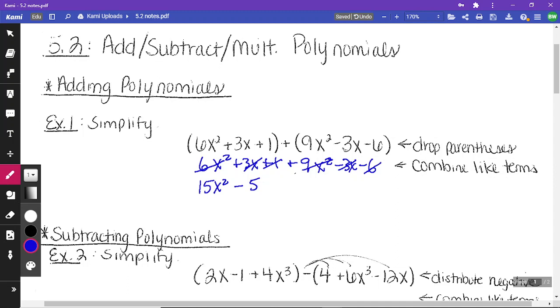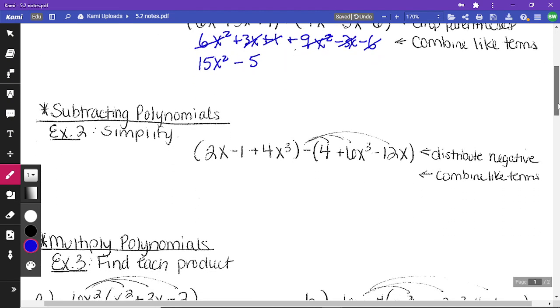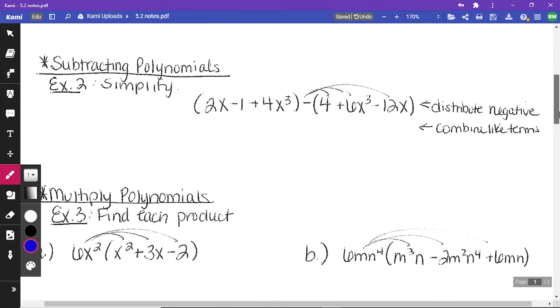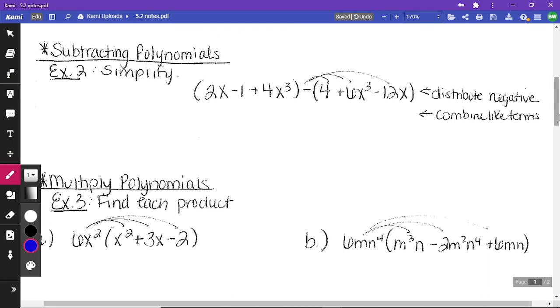So next example is subtracting polynomials. So we have here one polynomial minus another polynomial. And the first thing we do, it says distribute the negative sign.